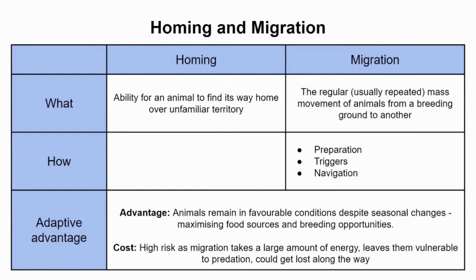If your predators know exactly where you're going to be in a mass number, then there's every chance that they'll be there waiting for you. So things like that. However, when it comes to talking about the adaptive advantage, although there's costs, it's really important to recognise that the advantages outweigh the costs. Otherwise, they wouldn't do it.